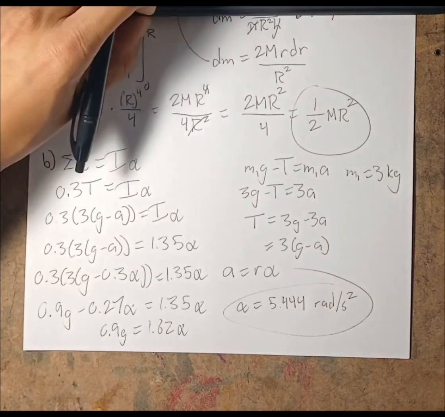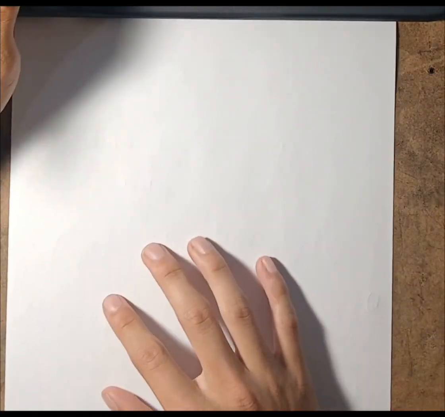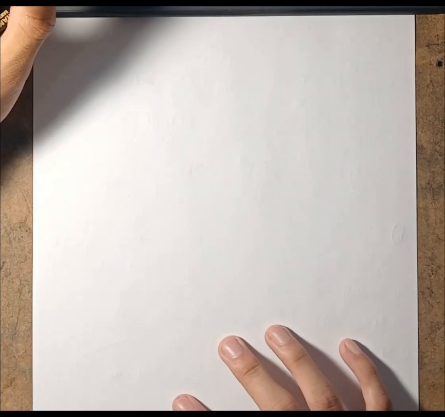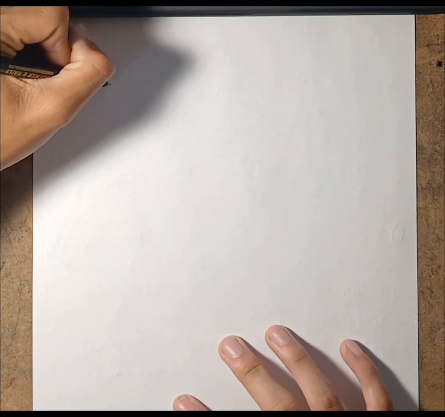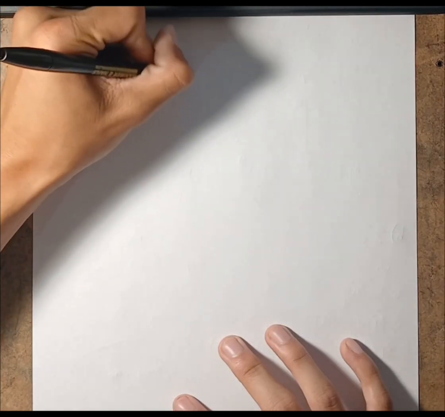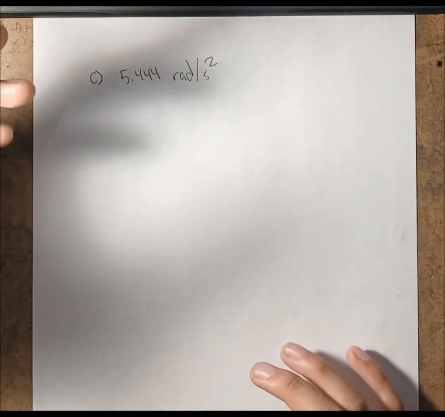And then another paper for this. Or actually, no, let's use this backside. Linear acceleration of M1. What we can do for this is to simply convert 5.44 rads per second squared into our linear acceleration, because the only thing that is causing the linear acceleration of the block is the spinning of the cylinder.